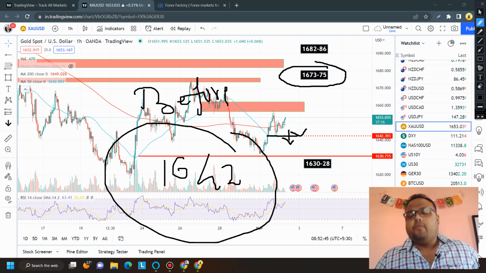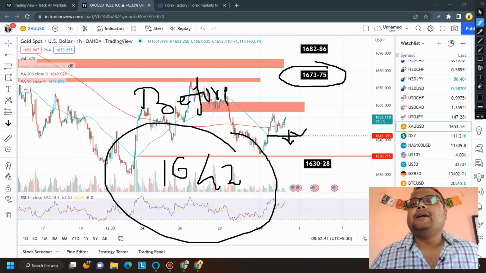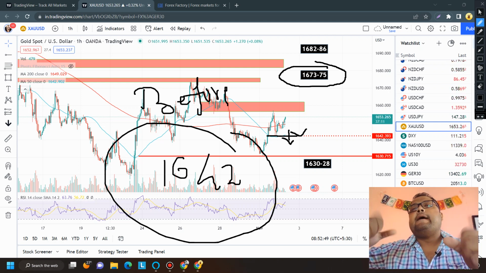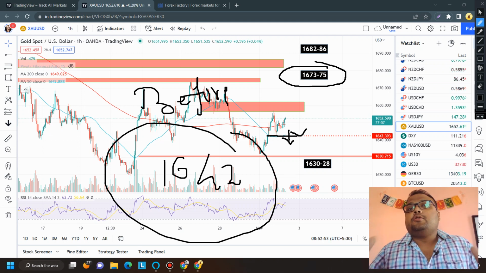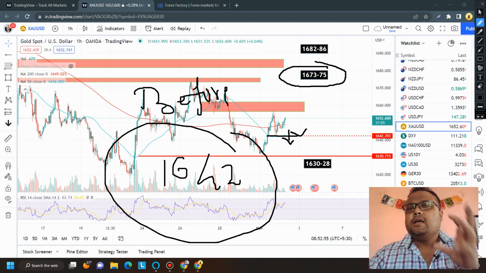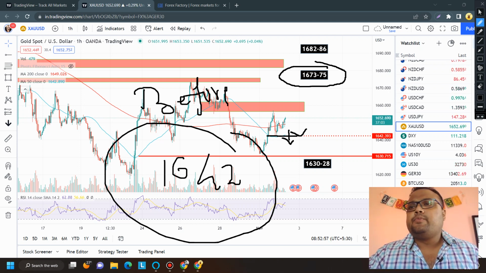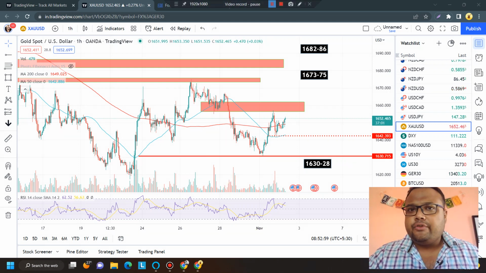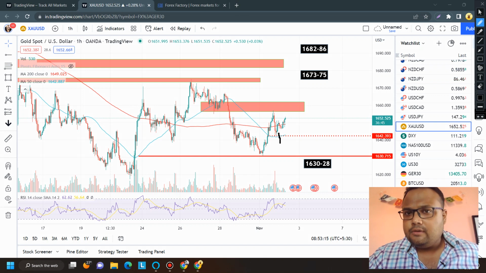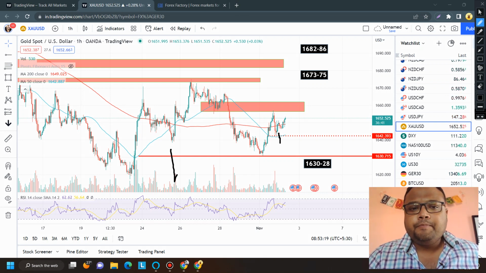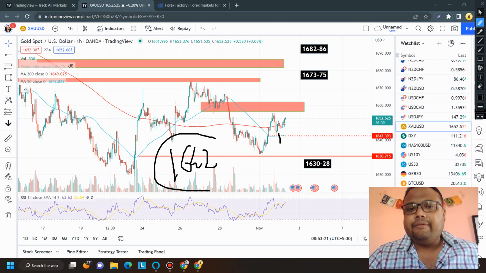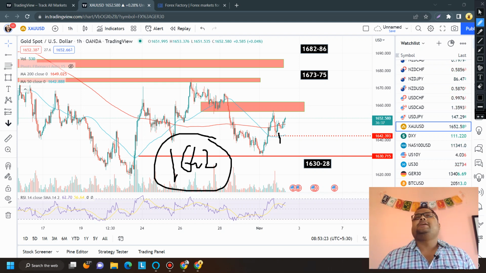And usually whenever a big news is lined up, we do not get to see a proper breakout or breakdown. False breakouts are very much real. Just to save yourself from false breakouts, try to avoid taking a sell position below the 1642 level. Today is a news day, try to wait for the right opportunity.